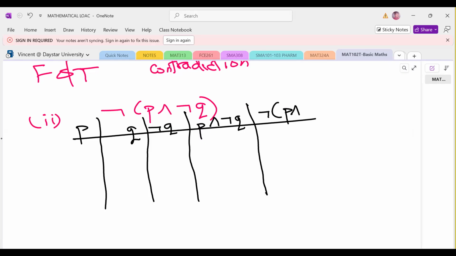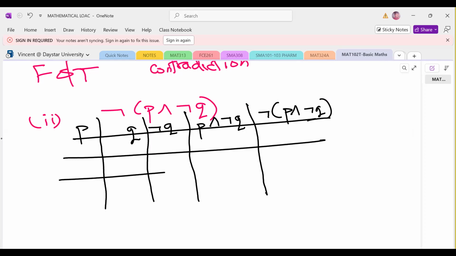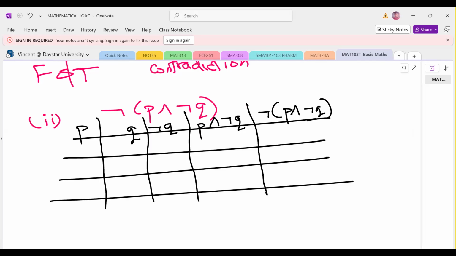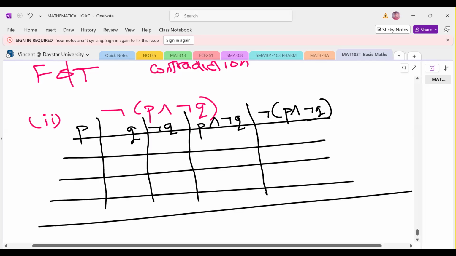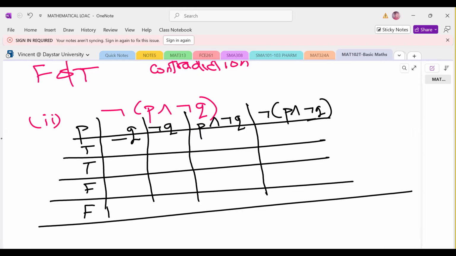Yeah, so the whole thing now. So we have first row, second, third, then fourth. So true, true, false, false, true, false, true, false. And then this column read for me as what you have. Followed by T. Correct. Then this one.